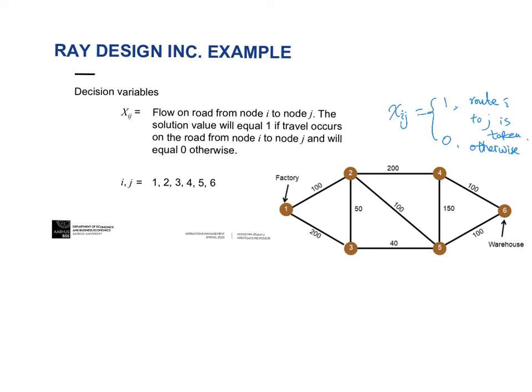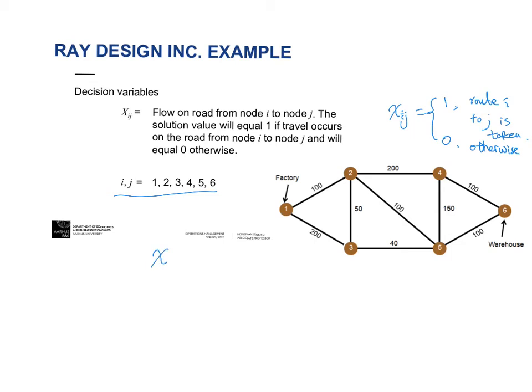That's how we define xij. That also means the driver is going to go through the route from city i to city j. Here we define all the nodes from 1 to 6, but not all the routes are actually defined. In this case, we will only consider the routes that exist in the current network.